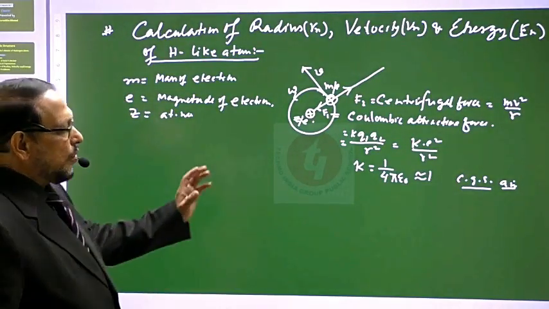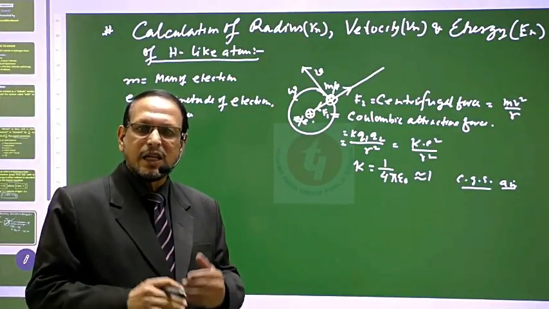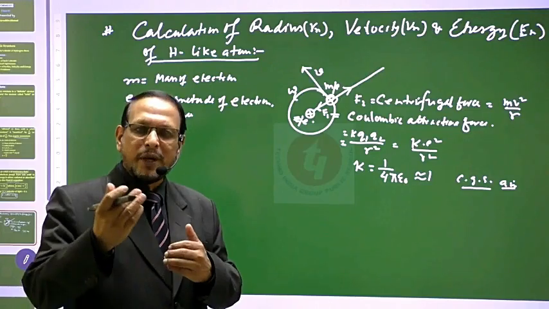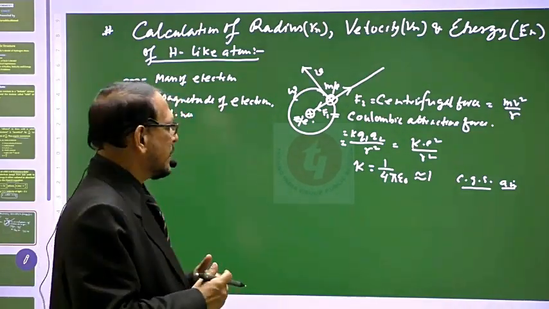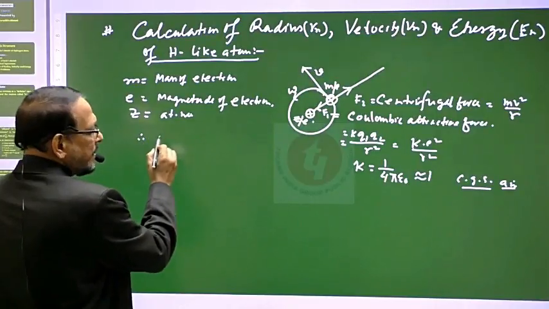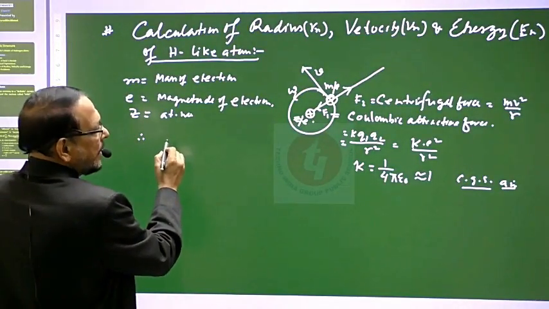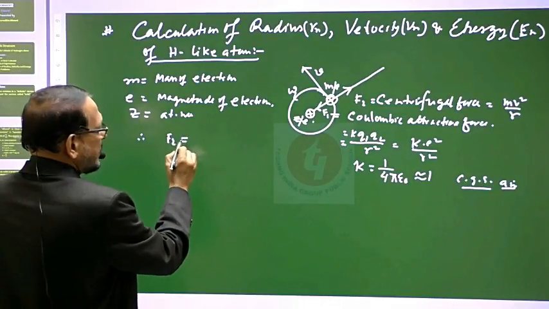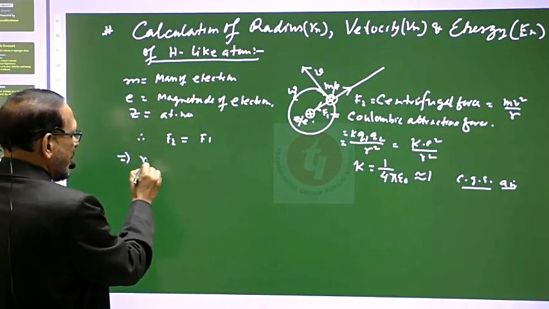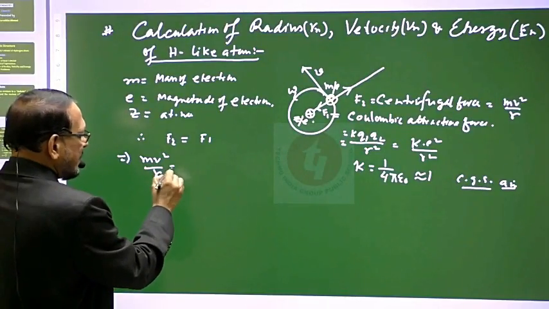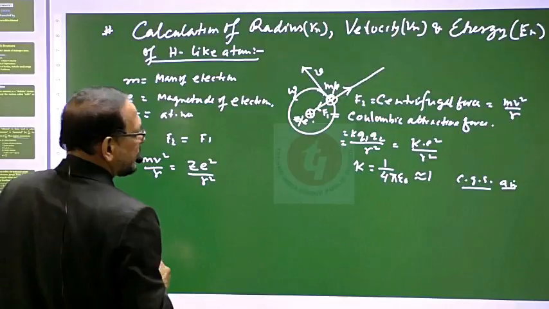When the electron is revolving around the nucleus, the Coulombic attractive force and the centrifugal force are equal to each other. Therefore we can write the centrifugal force F2 on the left-hand side and F1 on the right: mv square by R is equal to Z e square by R square.